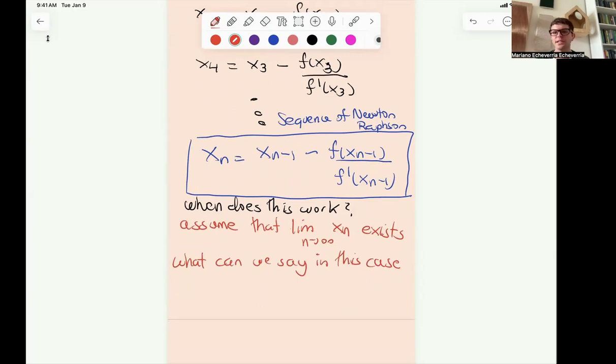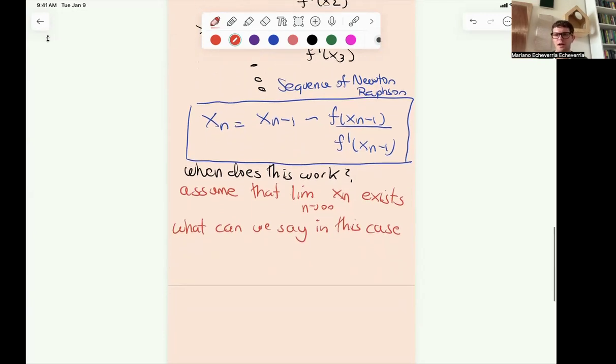Well, what can you say in this situation? Knowing that the limit exists is very useful, because then you can just apply the limit to both sides of the equation that defines the sequence.